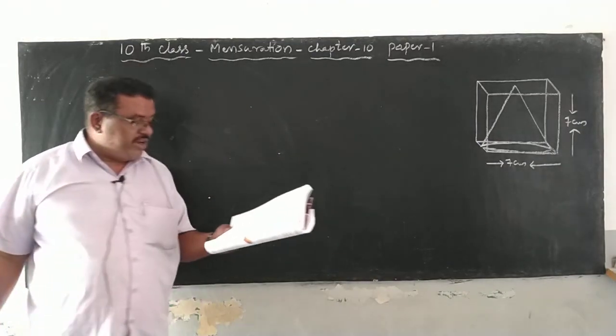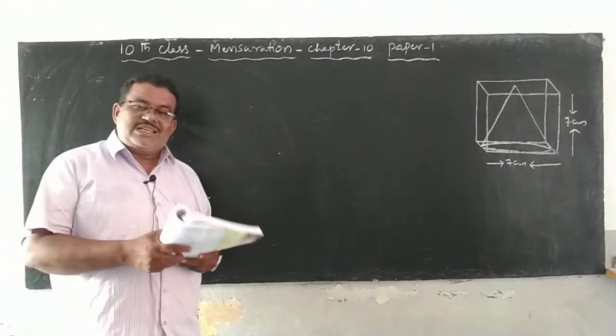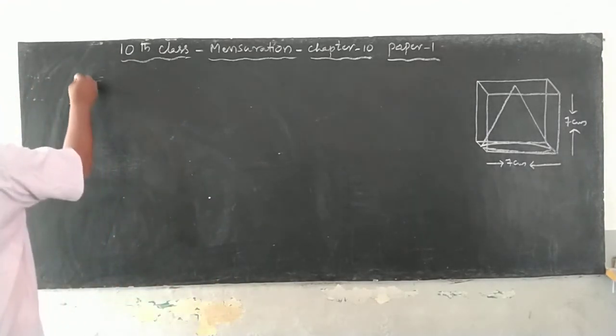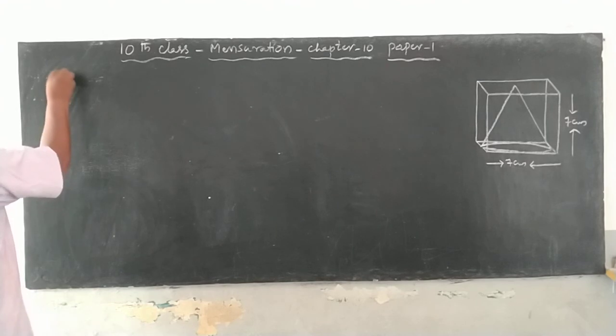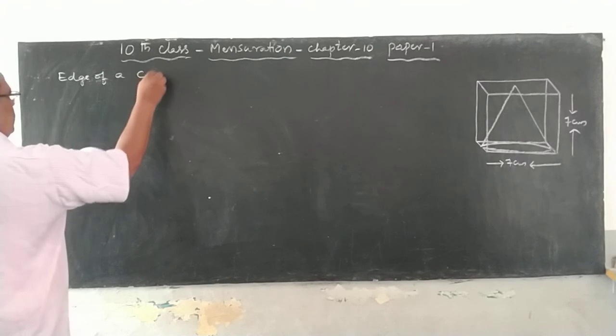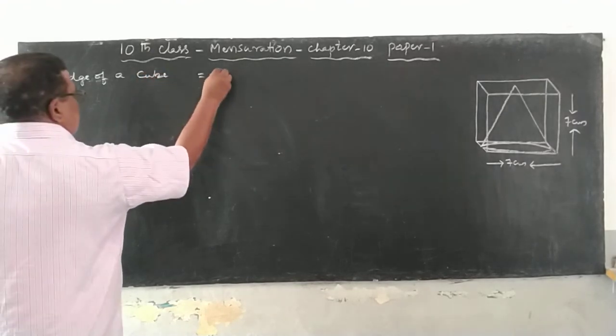So what we need to find here is the volume of the largest possible cone cut out from the cube. Edge of the cube is equal to 7 centimeters.